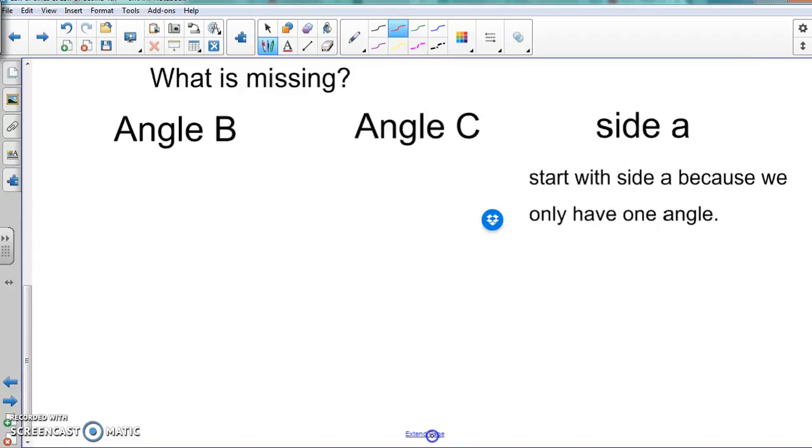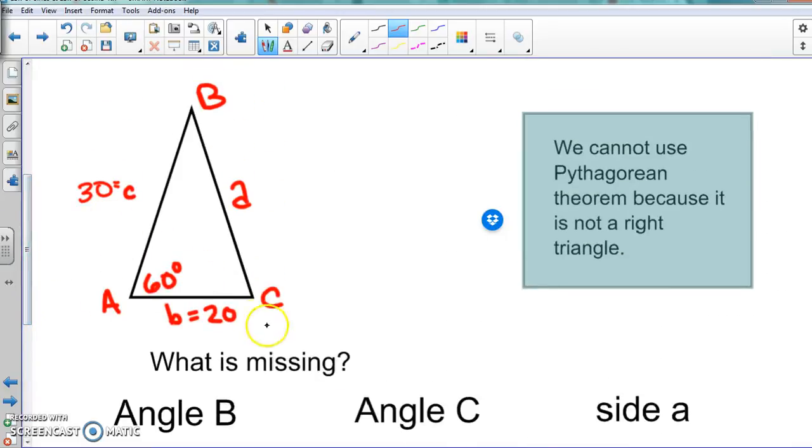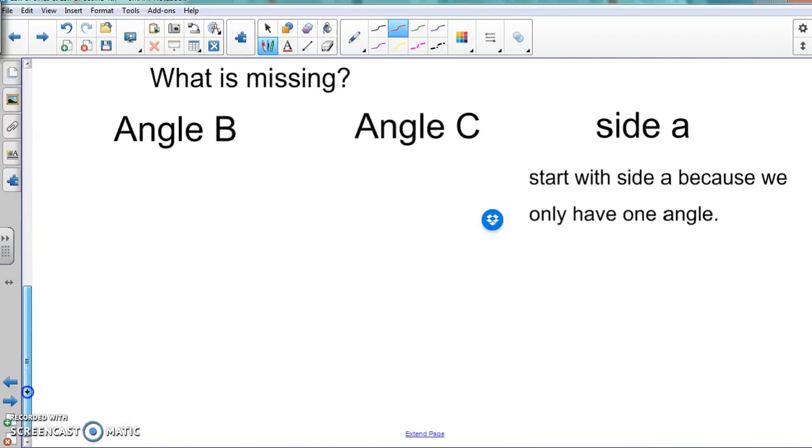All right, so here, let's start with side A. Because they gave you two sides and an angle that don't match up in letters, we have to use the law of cosines. So let's start off with finding side A. That means we're going to have to do a squared, because we're trying to find what A is. We have to use this formula because they gave us everything else that we need.